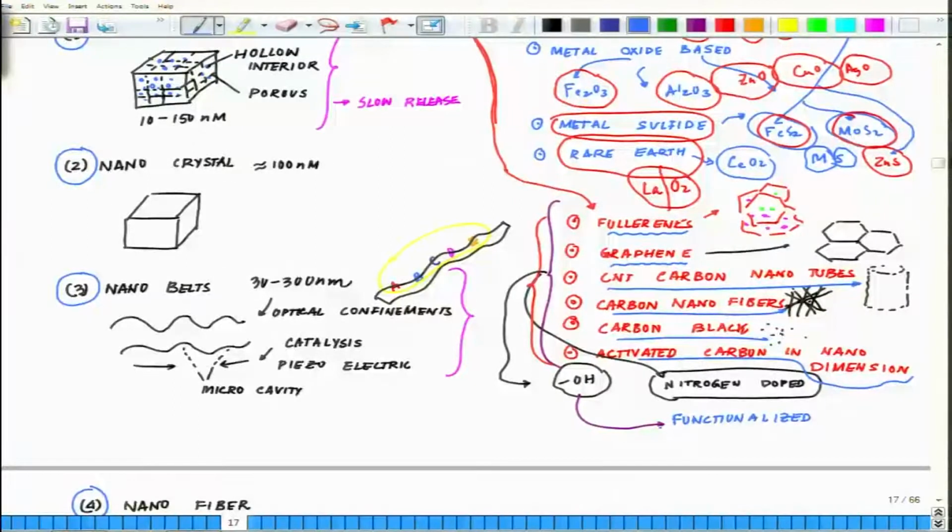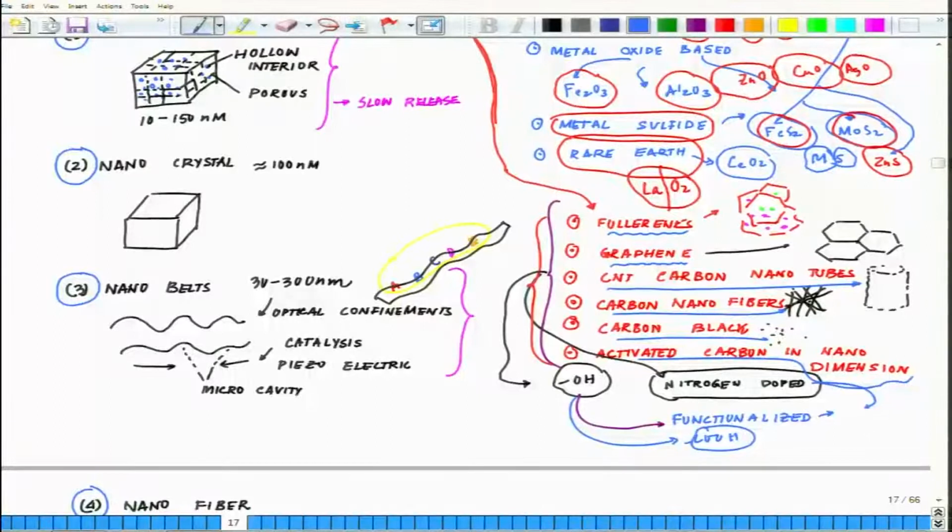These could be functionalized with the OH group, or with the carboxylic group, depending on what you want to use them for. They are functionalized with the OH group for their solubility in water. They could be derivatized as nitrogen doped carbon material for different applications. So, this is the overall classification.